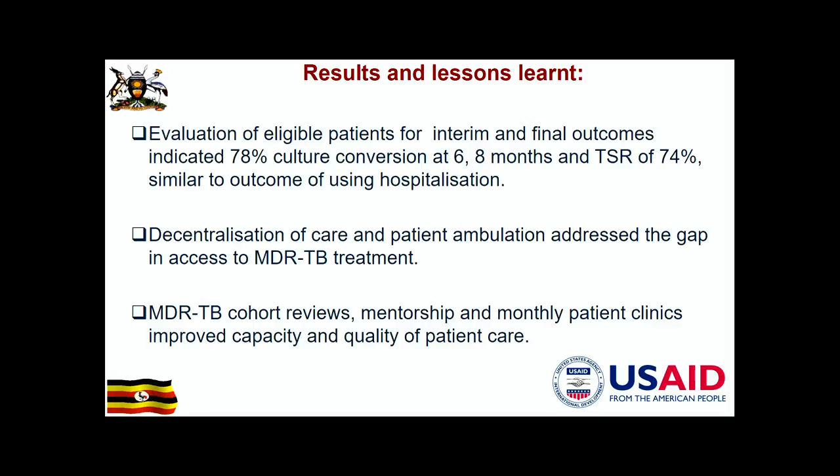Decentralization of care and patient ambulation address the gap in access to MDR-TB treatment. And the cohort reviews, mentorships, and monthly patient clinics at the initiation facilities have continued to improve the capacity of health workers and also the quality of care to the patients.